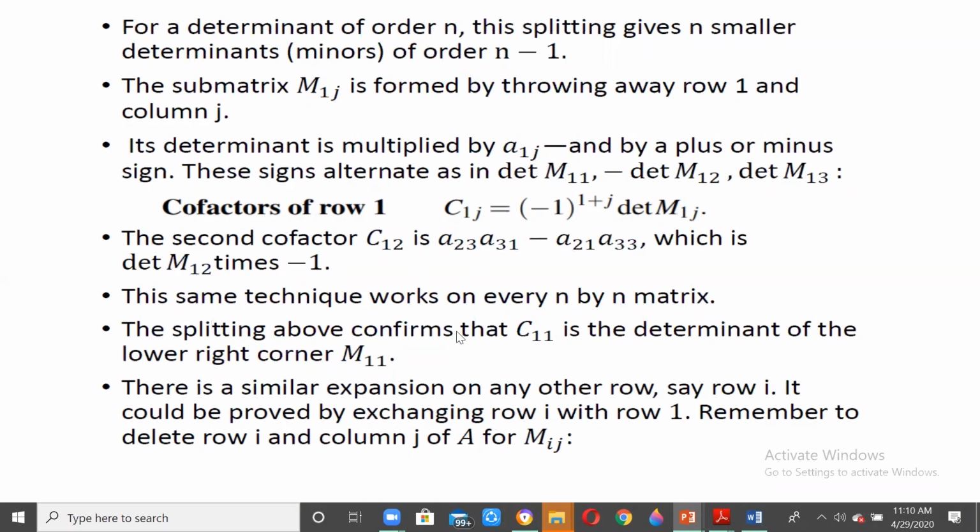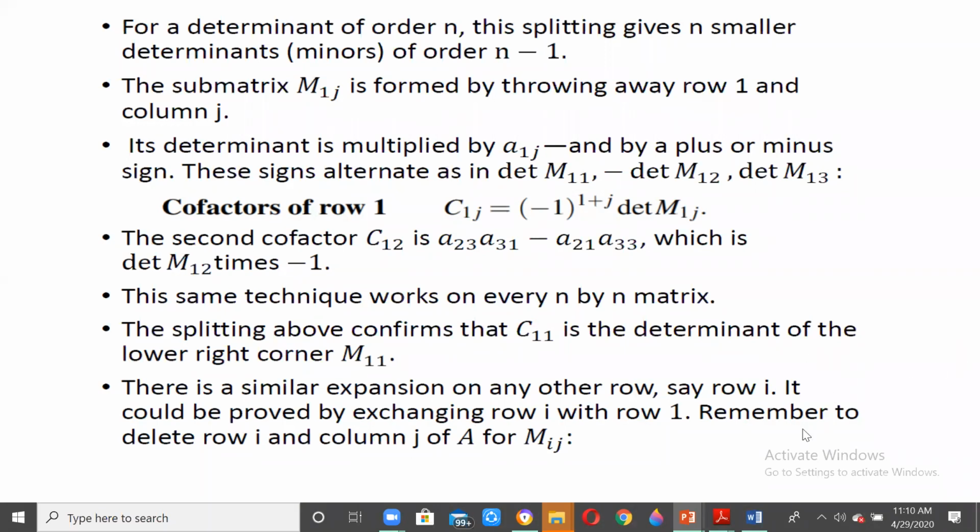The splitting above confirms that C11 is the determinant of the lower right corner M11, and there is a similar expansion on any other row, say row I. It could be proved by exchanging row I with row 1. So you can always exchange row 1 with row I and consider that the expansion is similar to whatever we have done here.